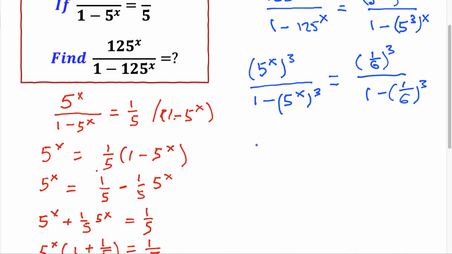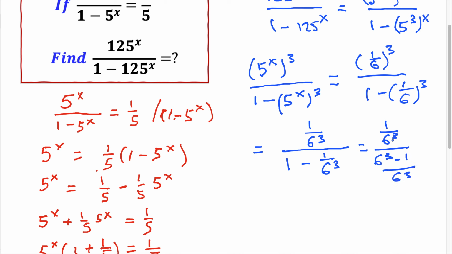And now if I distribute everything, it's going to be 1 divided by 6 cubed over 1 minus 1 over 6 cubed. And here we have 6 cubed over 6 cubed, so it's 6 cubed minus 1 divided by 6 cubed. But this 6 cubed with the 6 cubed I can simplify, and what is going to remain is 1 over 6 cubed minus 1.